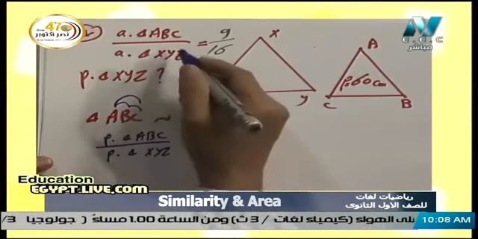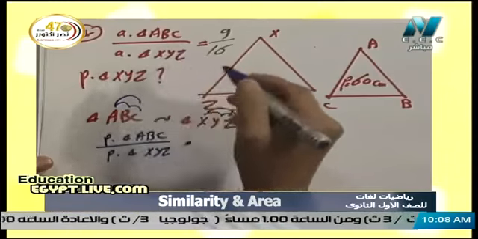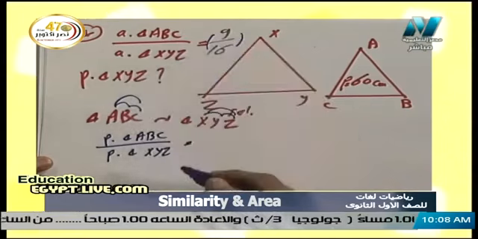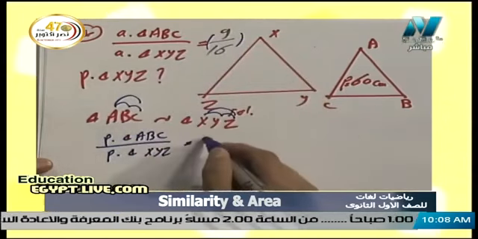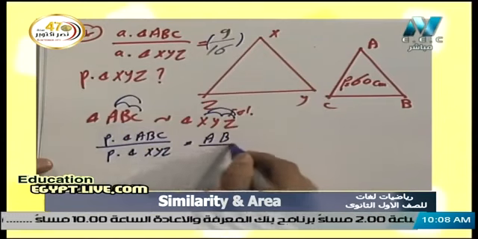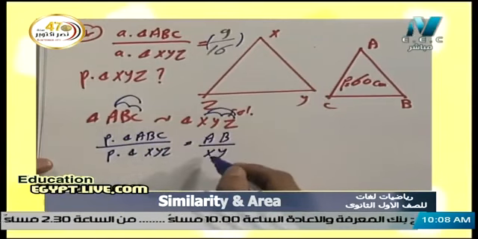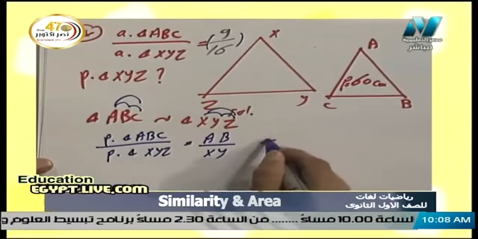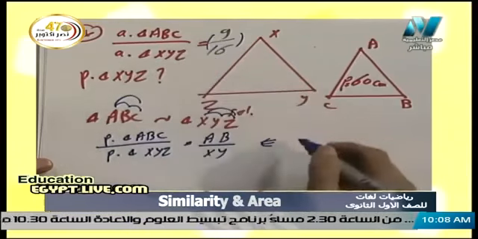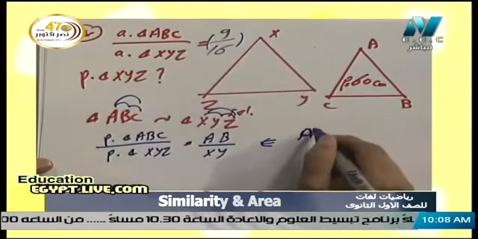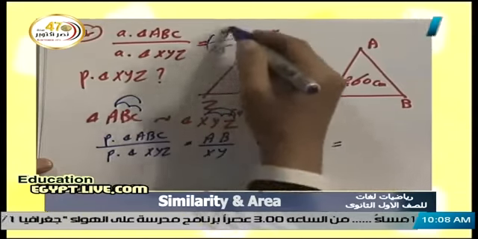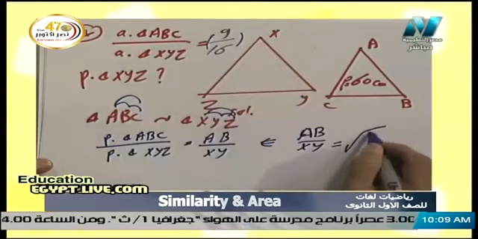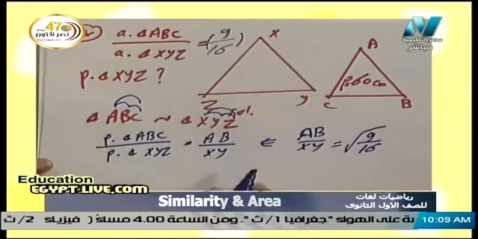But we know that the ratio between the two areas equals 9/16. Of course, here it equals, as an example, AB over XY squared. To find AB over XY here, we must find the square root of 9/16.